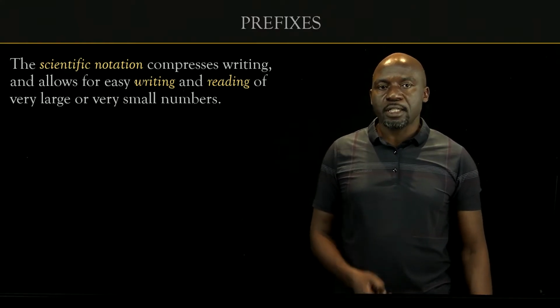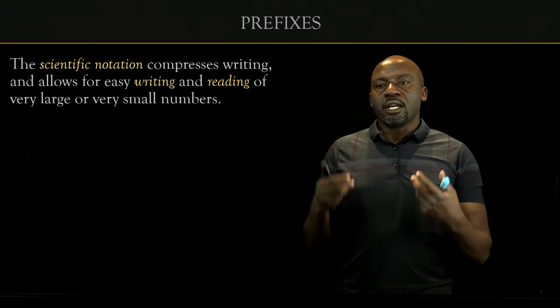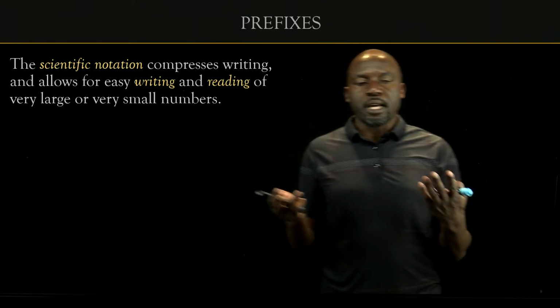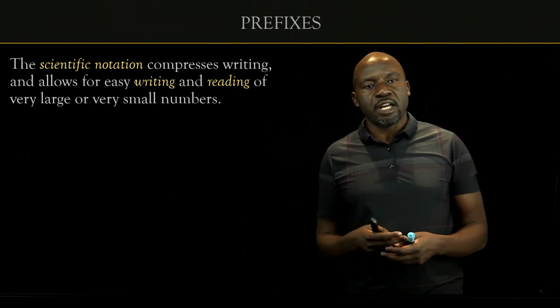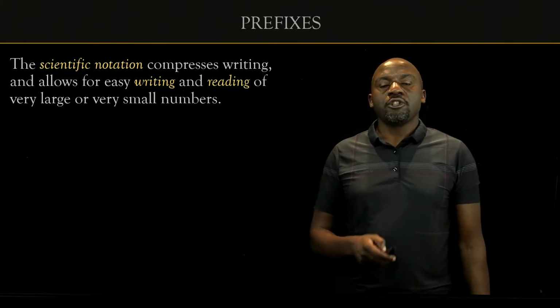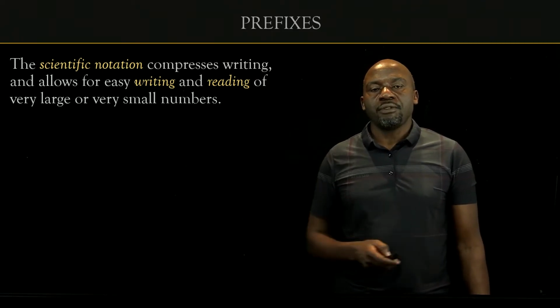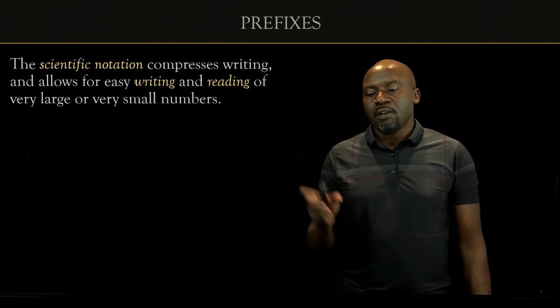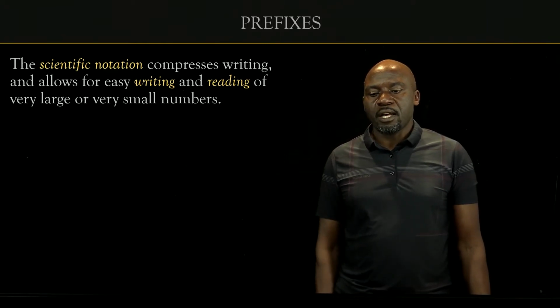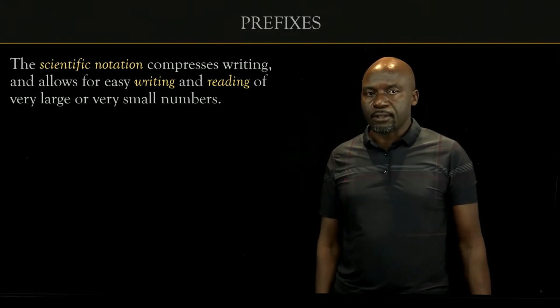It makes calculations easier, reduces writing, reduces typing, and reduces having to think about simple numbers over a long period of time just because you're counting numbers, and so on, right? It reduces the space that you use when you have to write on a piece of paper. So scientific notation is very important for compressing a rather large number or a very, very small number into a small space like that, okay?